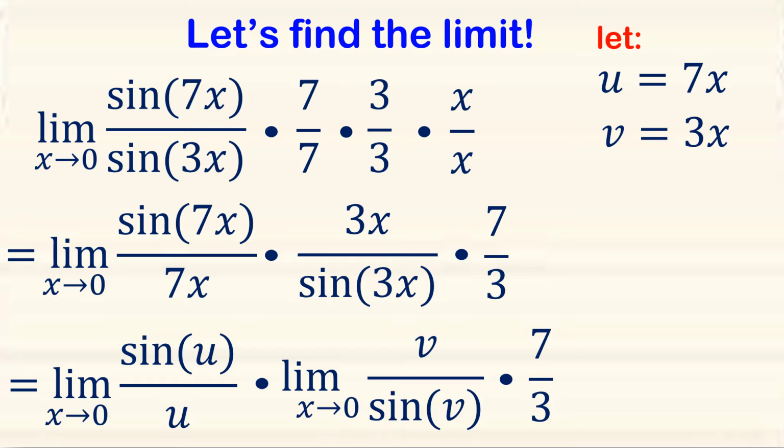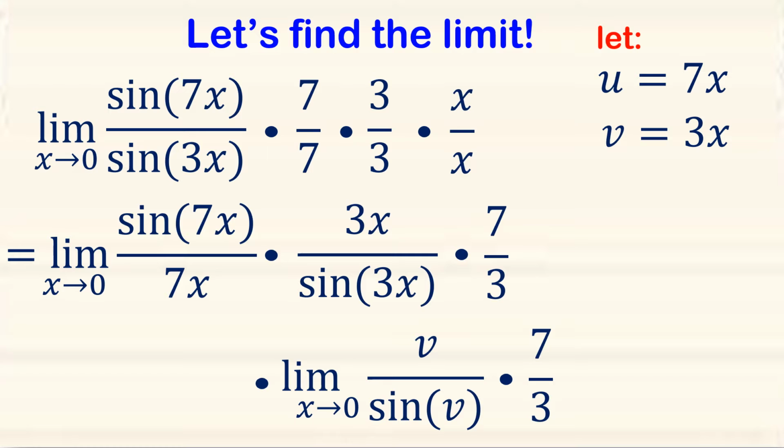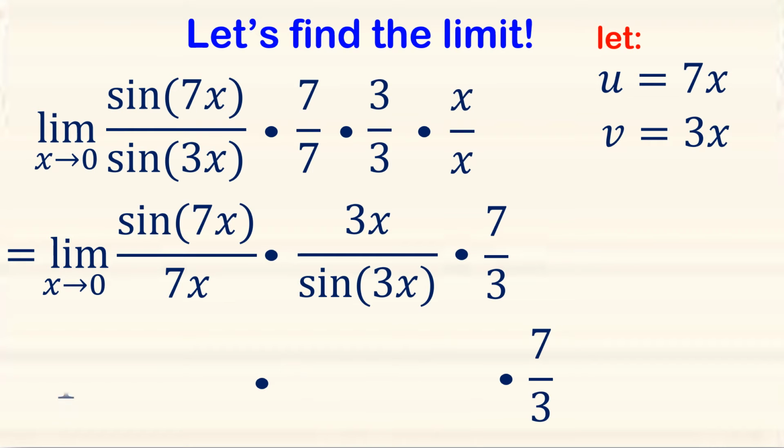I didn't write a limit of 7 over 3 as x approaches 0 because we all know that the limit of a constant is equal to the constant. So from here, since the limit of sine u over u as x approaches 0 is 1, and the limit of v over sine v is equal to 1, so 1 times 7 over 3, the answer is 7 over 3.